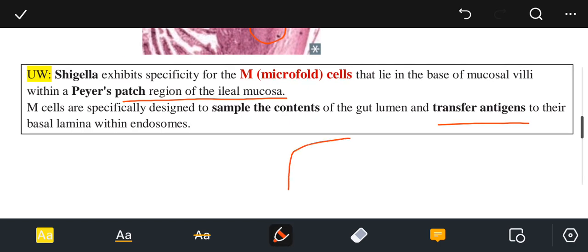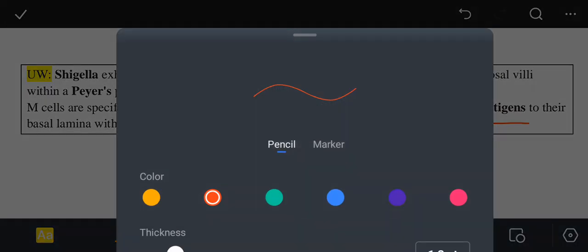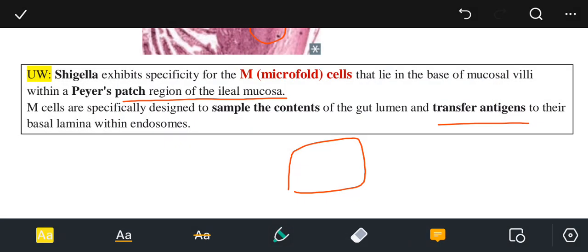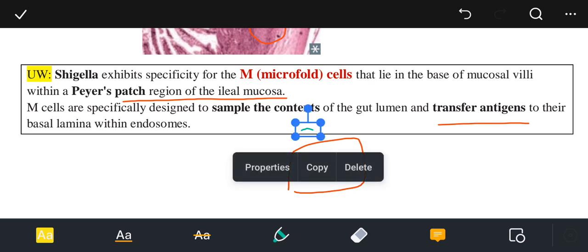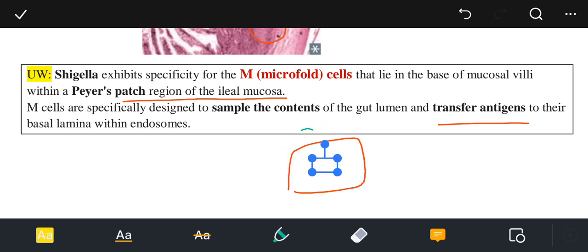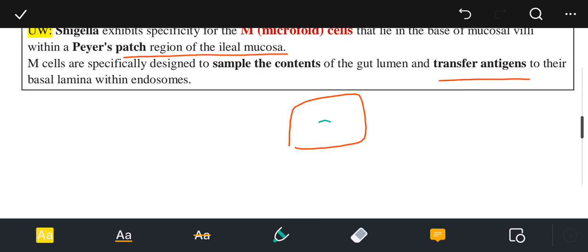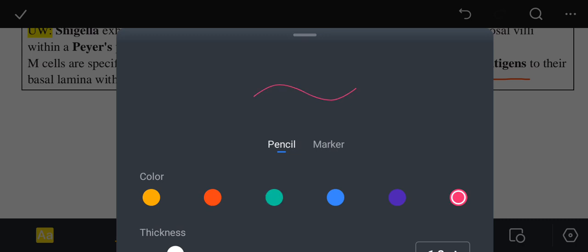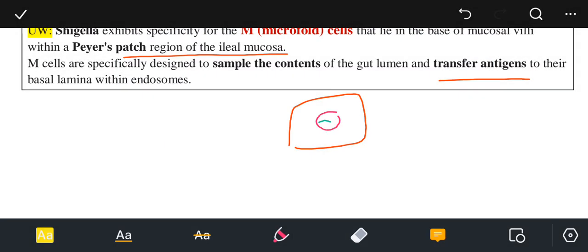Suppose this is an M cell. The M cell is specialized to detect the antigen. Suppose here we have a viral antigen, and that viral antigen was taken up by these cells. These cells endocytosed this particular viral antigen or bacterial antigen. They processed that, and then on the basolateral surface, which is the surface towards the blood side, they packed the viral antigen into the endosomes and then transferred it to the basal lamina within the endosomes.